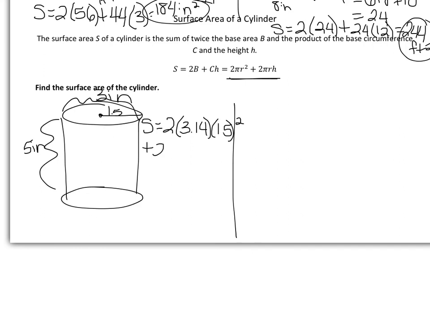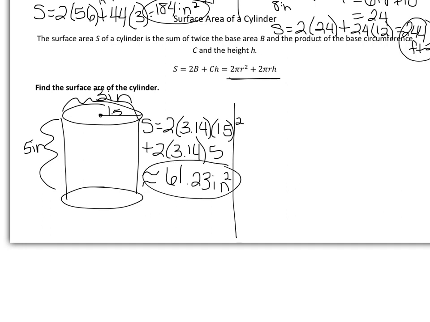And then plus 2 times my radius times my height. So I just simply took that formula and plugged in the numbers that were on my cylinder. So when you punch all of that into your calculator, you should end up with 61.23 inches squared.